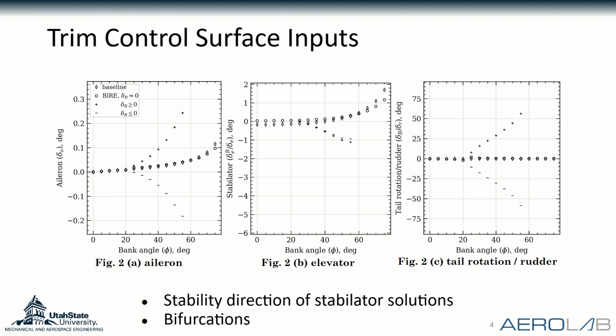The other trends that we noticed on these plots were in terms of these alternate trim solutions, is what I'll call these: tail large positive, so right wing down, or tail large negative, so left wing down for the tail. And you can see that there's a bifurcation in aileron, so that's over here on the left, and in tail rotation over here on the right. And you can see kind of a mirrored effect for the stabilators here in the middle.